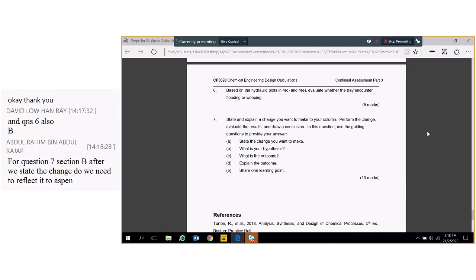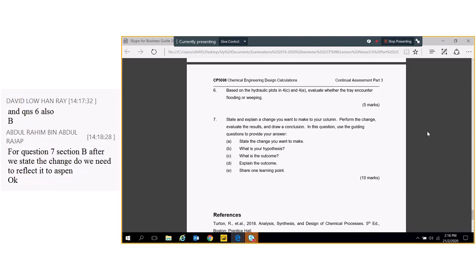You have to make some changes in your Aspen definition. You can see that there's one part where I explain what the light key is and what the heavy key is. Light key is for the bottom product. Heavy key is for the top product. So you make some changes, increasing the purity of benzene in the top product from 96 mole percent to 98 mole percent.